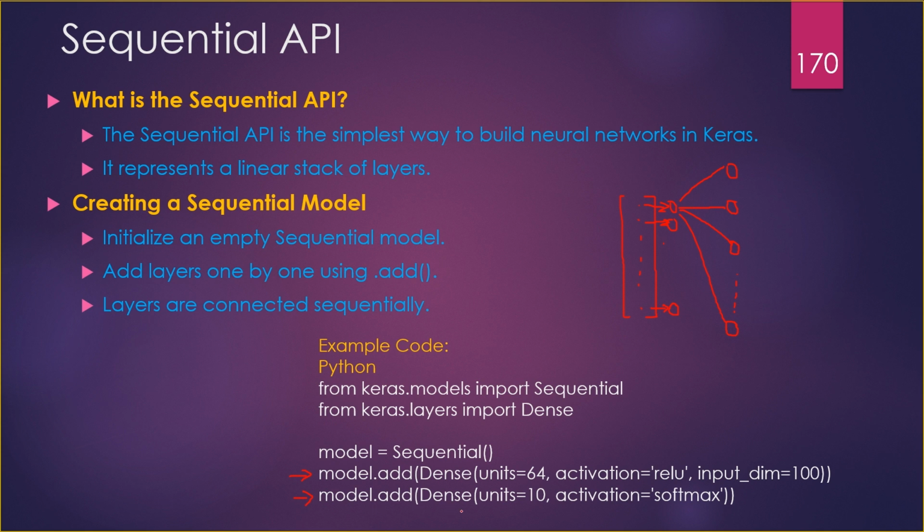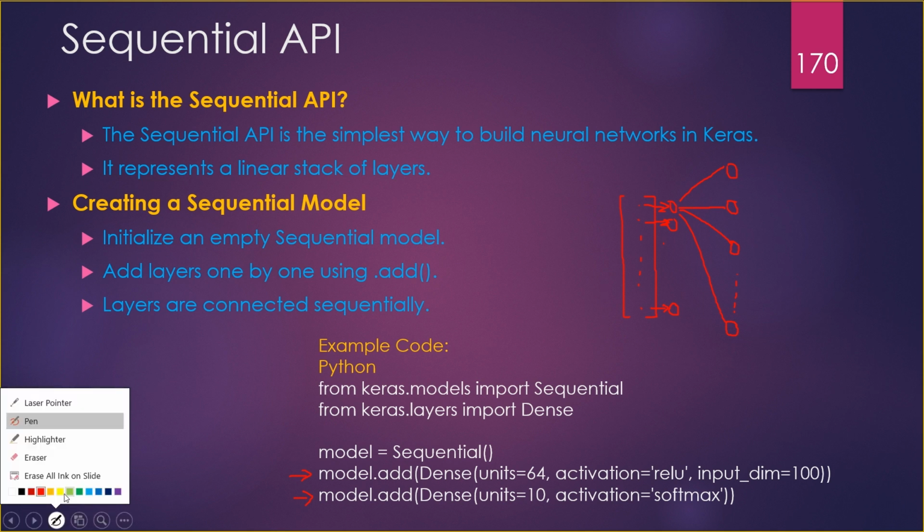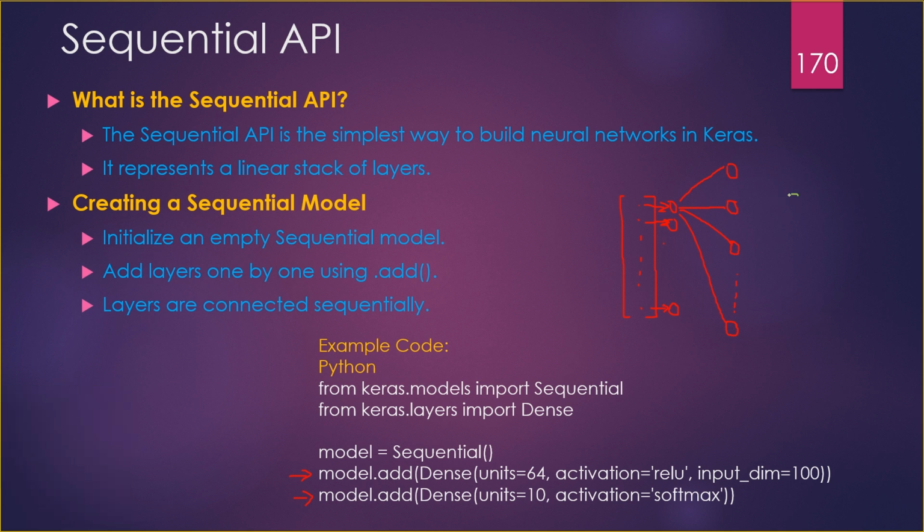That will be defined within this dense function by this units value, which is given, so for example 10. That means in the next layer, maybe you will have, say for example, only 10 neurons. So 1 neuron, 2 neuron, and maybe like this we have 10 neurons, which are connected with this previous layer definitely.